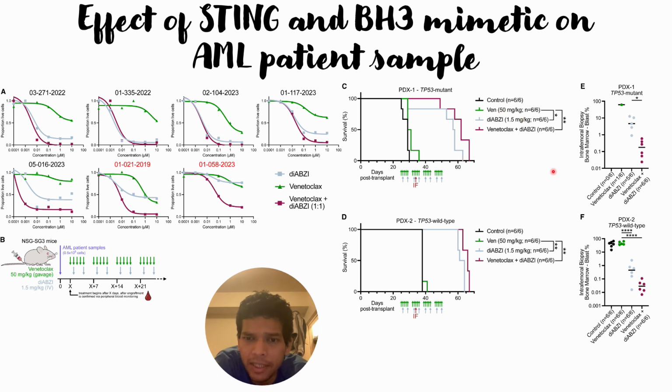When they quantified this in terms of the intratumoral biopsy of bone marrow, they found that it is minimum when venetoclax plus diazoles is used, whereas it is maximum when venetoclax is used alone. That is, it does not have too much impact. But with diazoles they see some decrease, and in the combined therapy they see a significant decrease, even significant when we compare with the results of diazole alone.